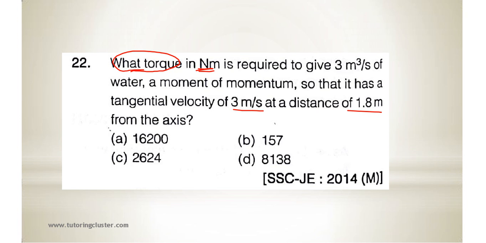Now what is this meter cube per second? It is a unit of discharge. Then tangential velocity v is given at a distance, which you can denote by r. So basically what is torque?